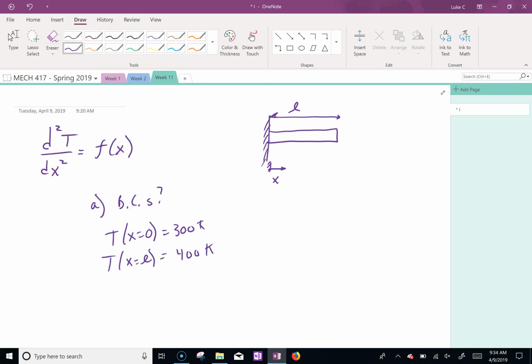Does it have to be temperatures, or could they be something else? There could be one temperature, one derivative, or you could have 2 derivatives. Doesn't matter.